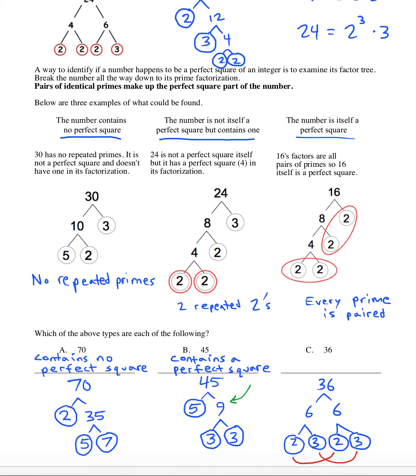All the primes are paired. So 36 is itself a perfect square. It's made up of 6 times 6. So these are 3 important cases that we're going to want to be aware of going forward.